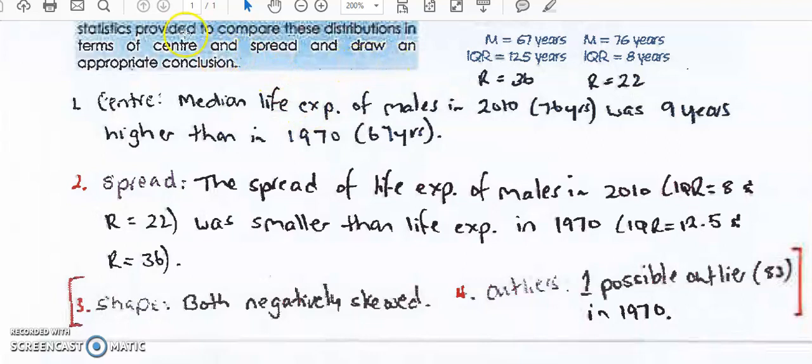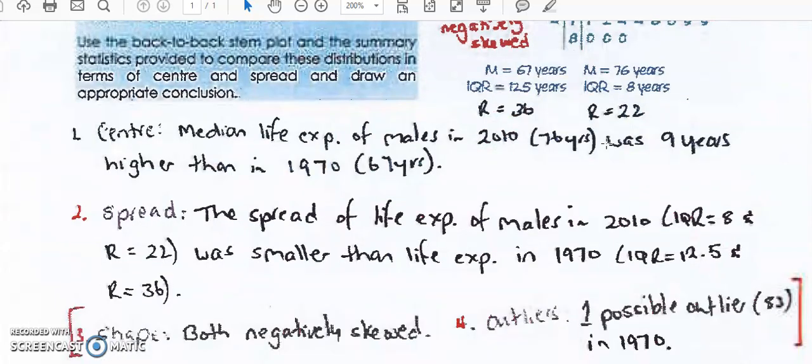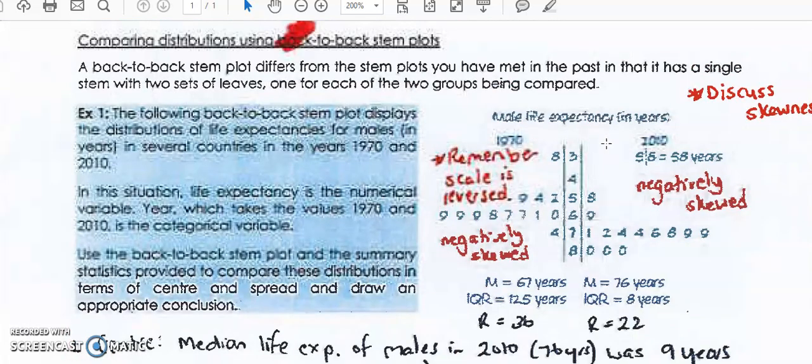The center, spread, and draw an appropriate conclusion. Just before you do, it's also good to talk about the shape. Both of these are negatively skewed. How you would read that is, if you read this from left to right, it is negatively skewed, so most of these numbers tend to the negative, and this here as well.